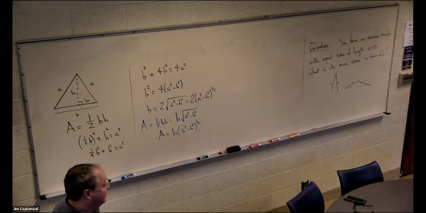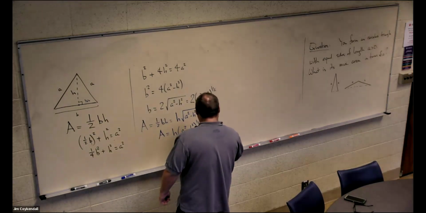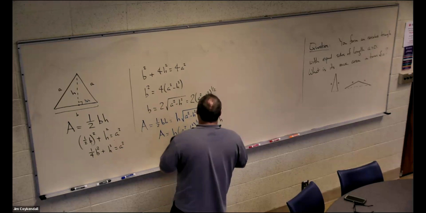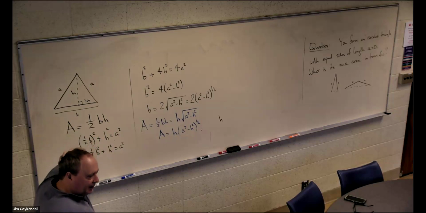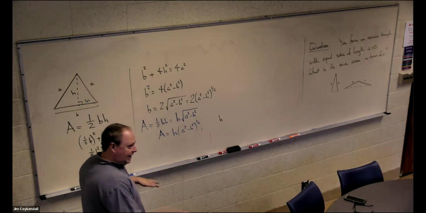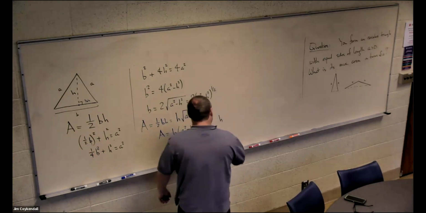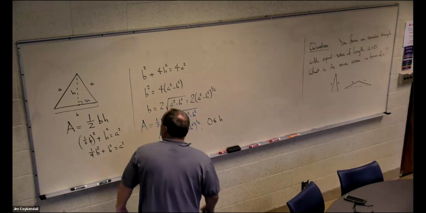Well, let's look at what our playground is. My H here, let me look at my picture. How small could H be? It can be 0. Stupidest triangle in the world. It's just a flat line with length 2A. How big?